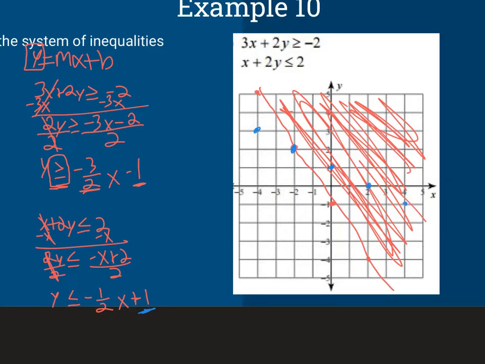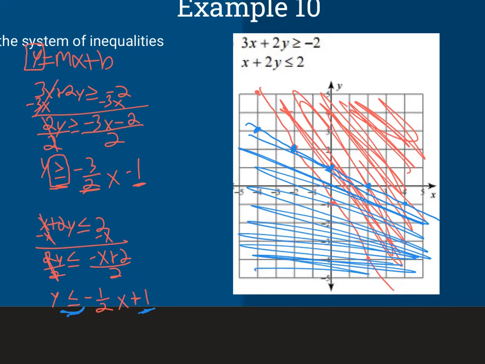And again, look at the inequality here. The inequality is less than or equal to. Since it's less than or equal to, that is also a solid line, so I'm going to draw a solid line. Now it's less than, so it is all the numbers less than y, so I'm going to shade in everything less than y.